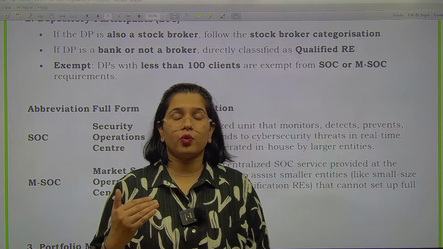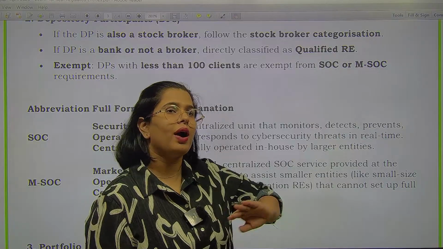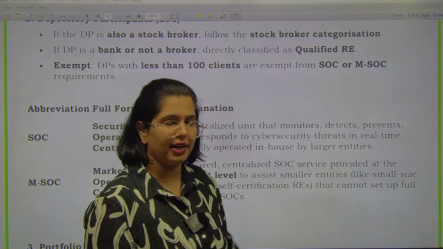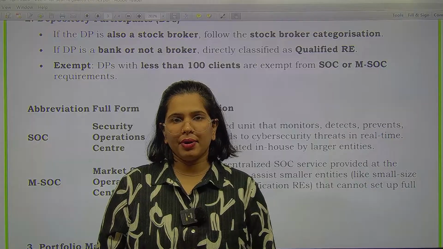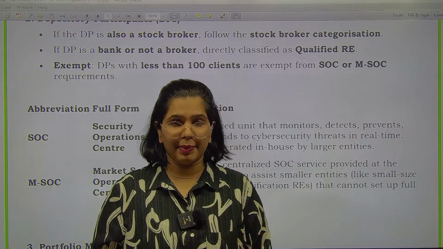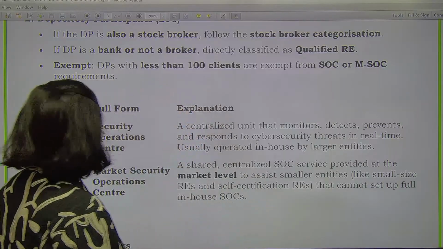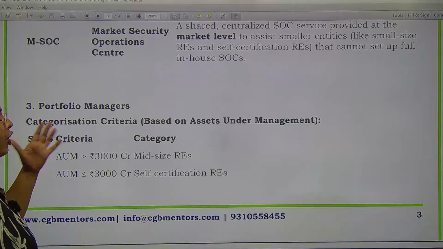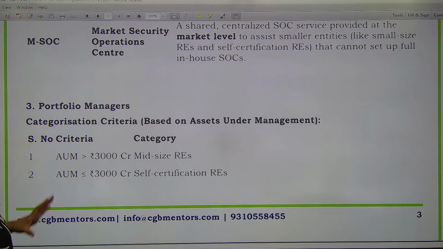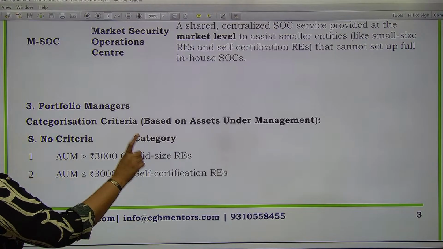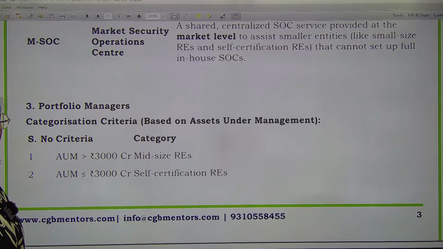So as a qualified regulated entity, you have to establish this. This is mandatory. And what you have to remember is stockbroker related limits, right? Depository participants related limit, and portfolio managers also. So based on assets under management, right? If asset under management is greater than 3,000 crore, portfolio manager would be classified under mid-size regulated entity.